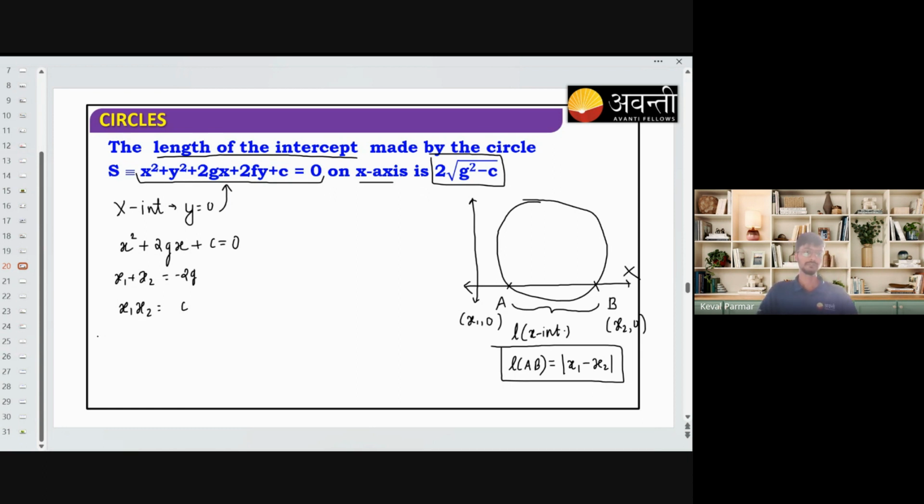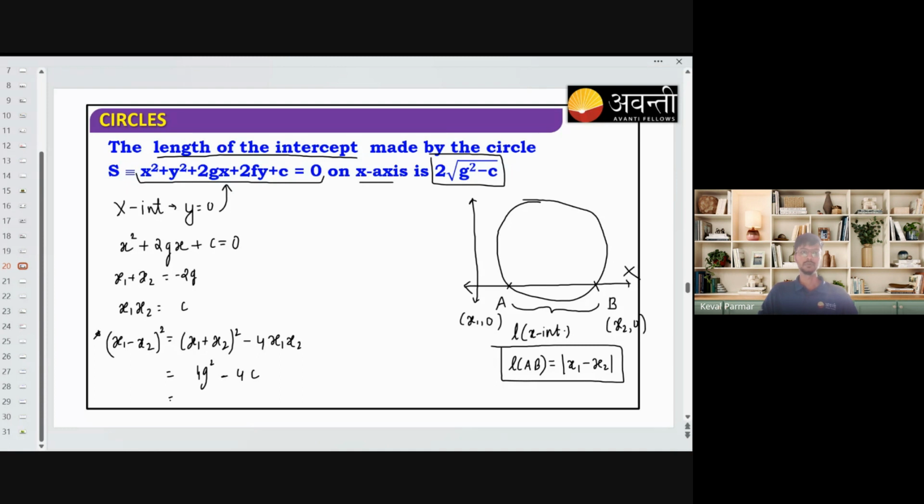Now, I hope you know the formula, we want x1 minus x2. So we know that x1 minus x2 the whole square, by this algebraic identity, equals x1 plus x2 the whole square minus 4 times x1 into x2. Let us substitute the value of x1 plus x2. So minus 2g whole square, I'll get 4g square minus 4 into c.